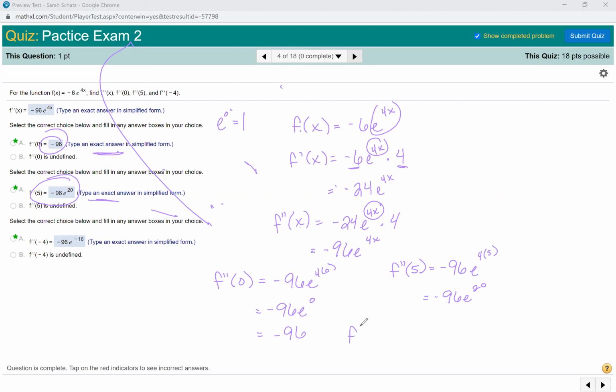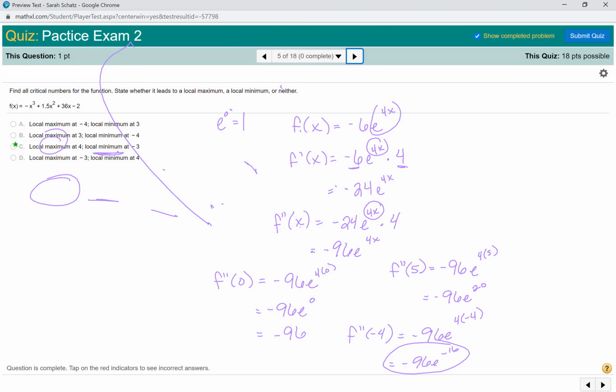And then on that last part, looking for the negative 4, we'd have negative 96 e to the 4 times negative 4 and get negative 96 e to the negative 16, and you would just write it in like that. So yours will be very similar, of course, not the exact same numbers, but the same methods here.